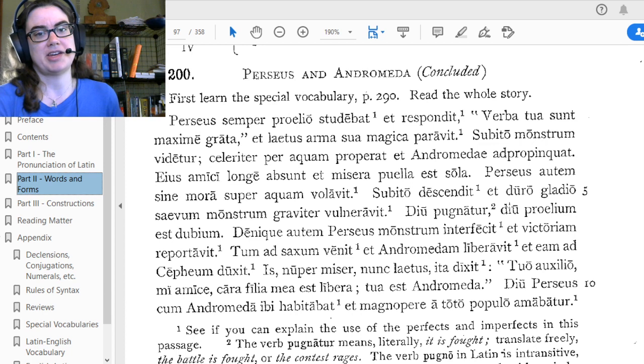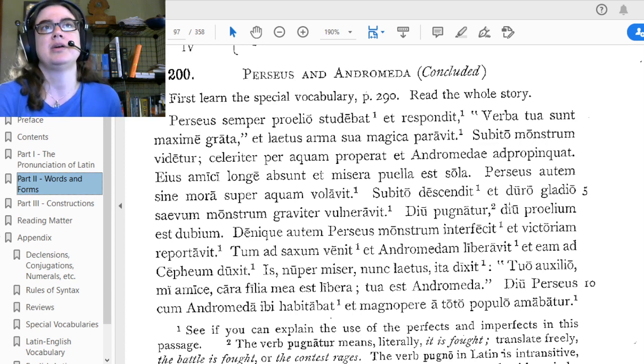So let's see where they choose to end this story. Perseus semper proelio studebat et respondit, verba tua sunt maxime grata, et laetus arma sua magica paravit. Subito monstrum videtur, celeriter per aquam properat, et Andromedae appropinquat.